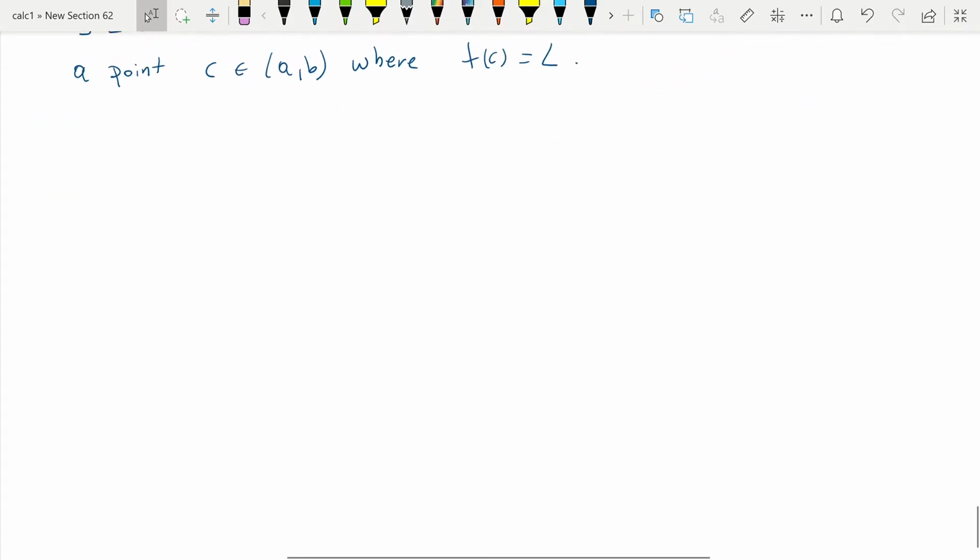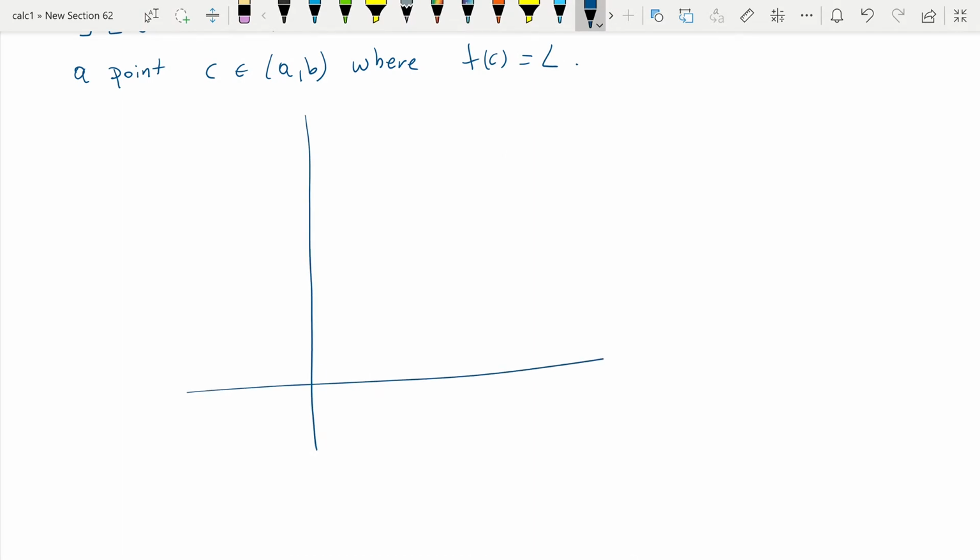And so the situation you're drawing is this one. So you have a, b, and some function defined over here, inside this interval. This is f of a. This is f of b.